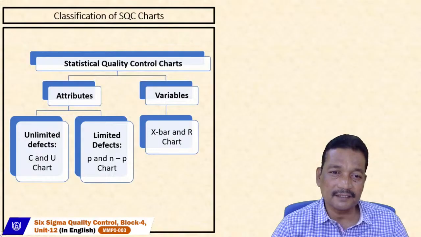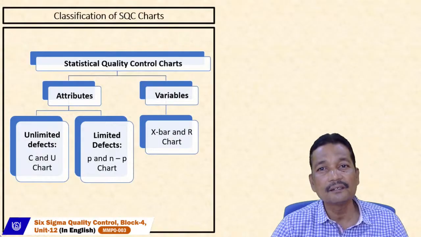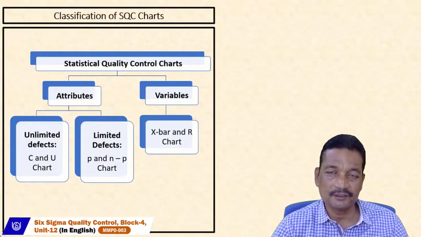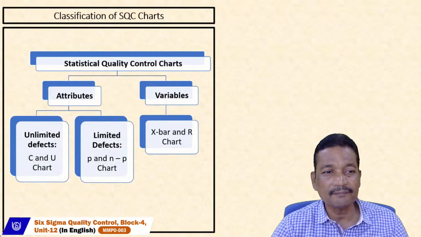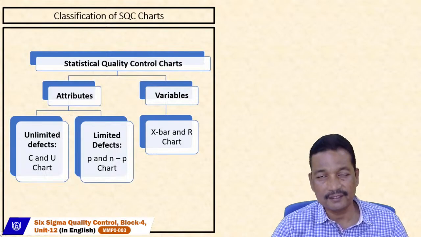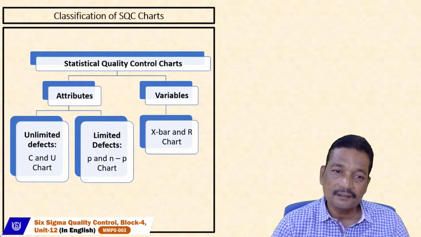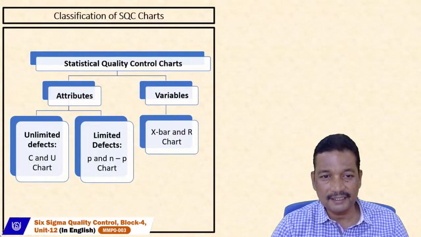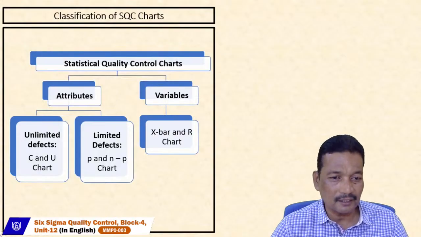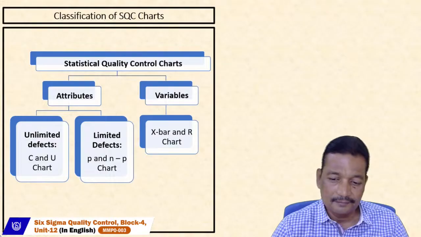Suppose instead of taking samples, we go for verifying all the items. There you will find unlimited defects. For variables, we also have certain kinds of charts. As we move on, we shall be looking at them.